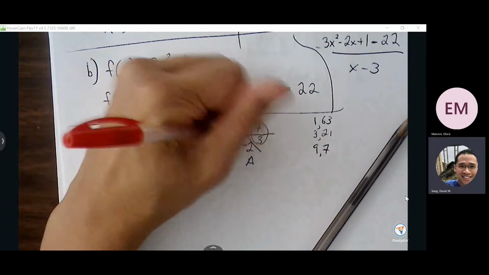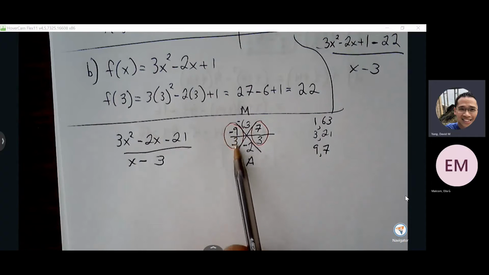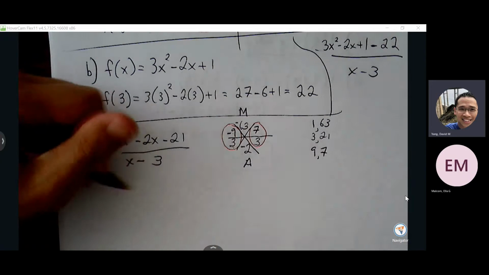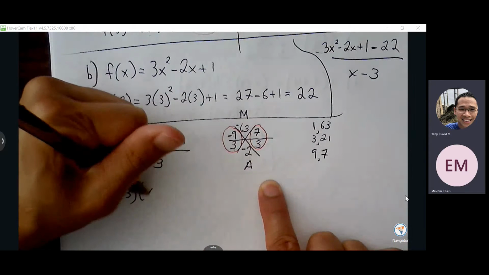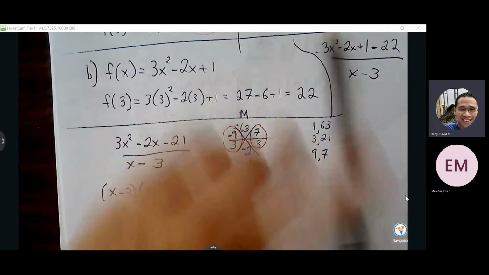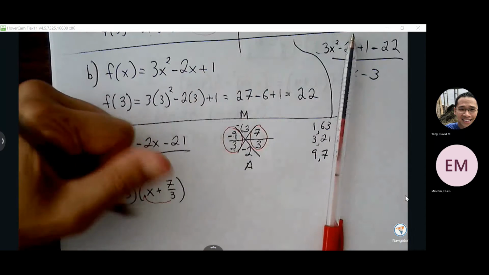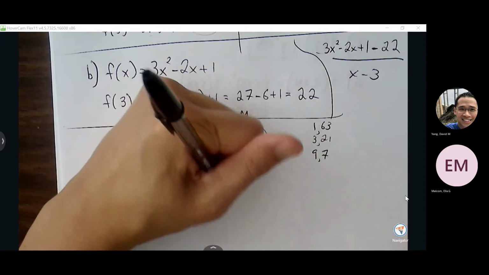Okay, so I have to worry about my leading coefficients. So I'm going to have to divide if possible. So negative 9 and 3 reduce to be negative 3. 7/3 does not reduce, but I can pull this 3 out in front.